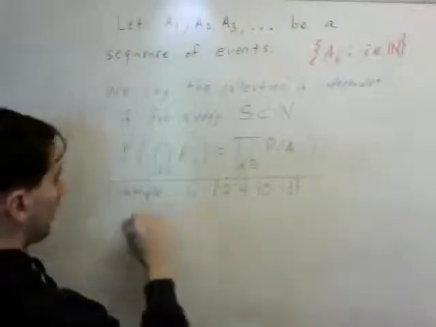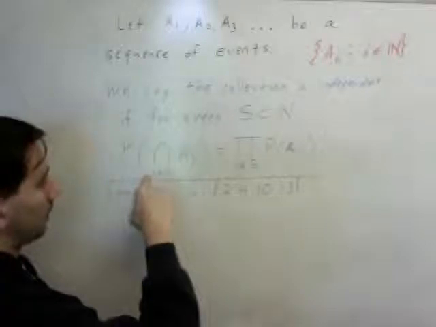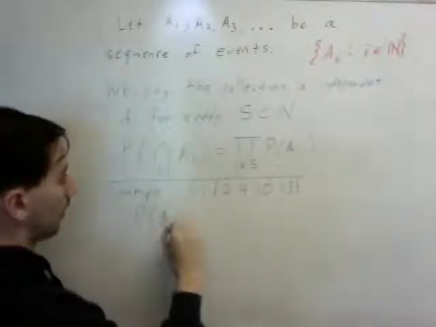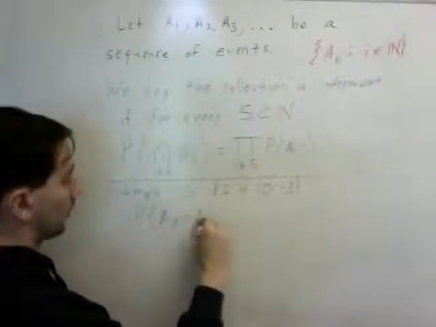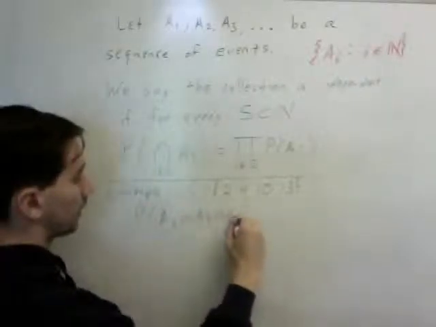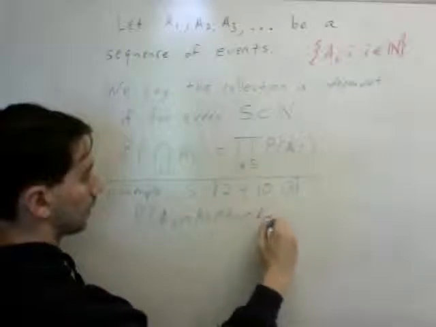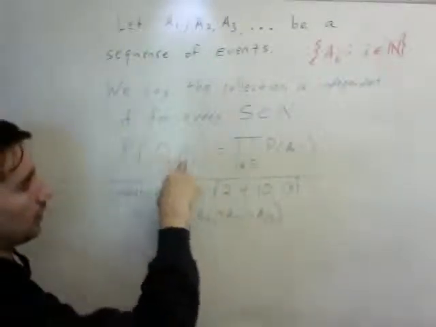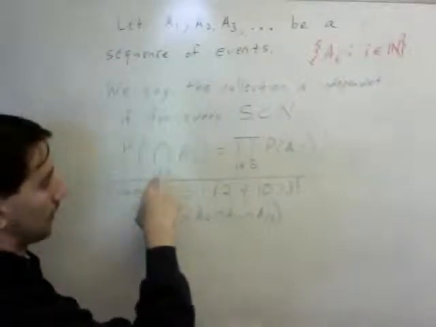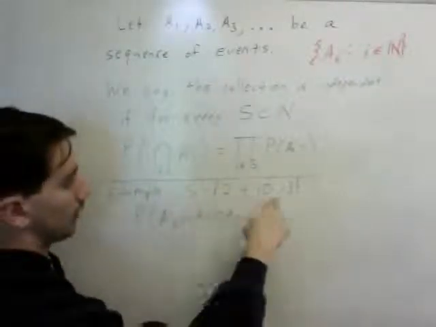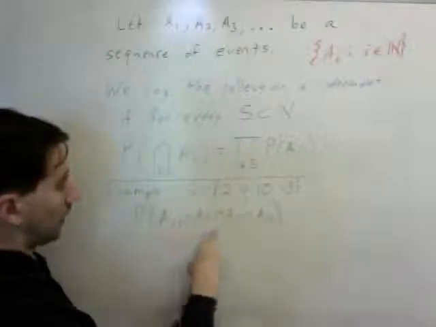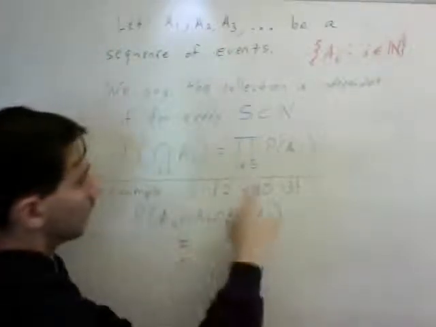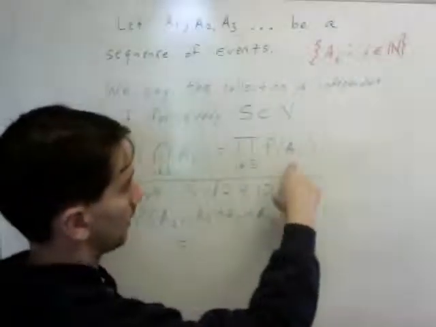So all this is saying is the probability of the intersection of all the events indexed in S. So that would be A sub 2 intersected with A sub 4 intersected with A sub 10 intersected with A sub 13. So that's all this notation means over here, you just intersect all the events that have an index in the set S. And this is equal to, and now let's talk about the right-hand side.